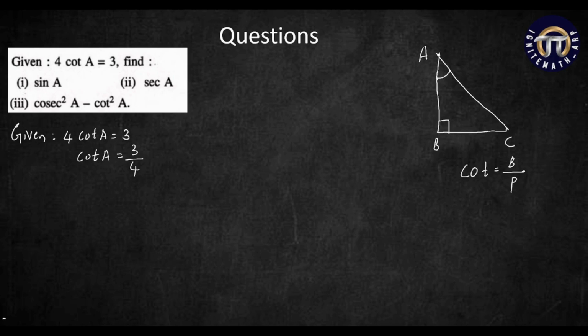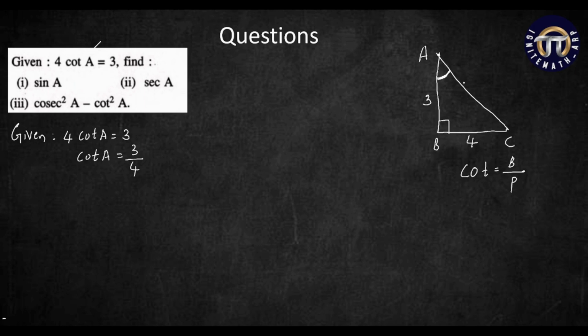You have to see the base for this angle, because I am talking about the angle A. So for this angle, base is AB. So I can say this is 3 and this is 4. Don't write centimeter, millimeter, kilometer, children. Just write 3 and 4, because we are going to have ratios, and ratios don't have any units.